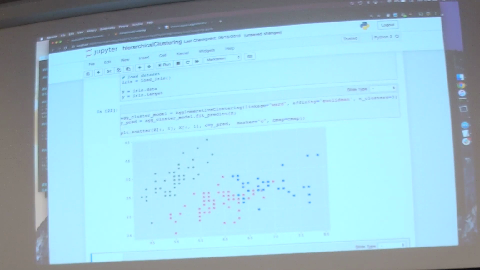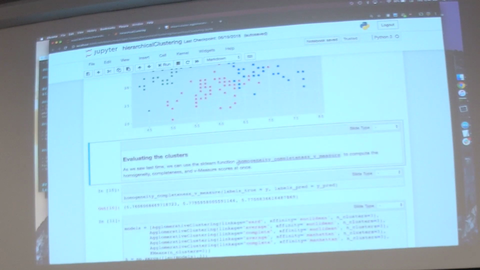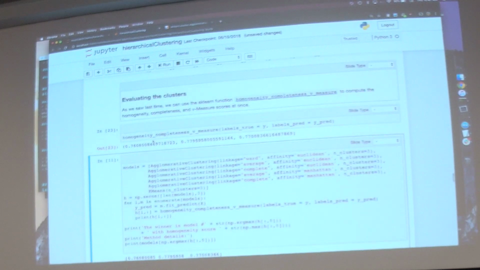The reds and the blues are mixed in a little bit. Since we have ground truth labels, we can look at the homogeneity and completeness to see if we did a good job. We got 76% accuracy, which is slightly higher than we got with k-means, but pretty close.